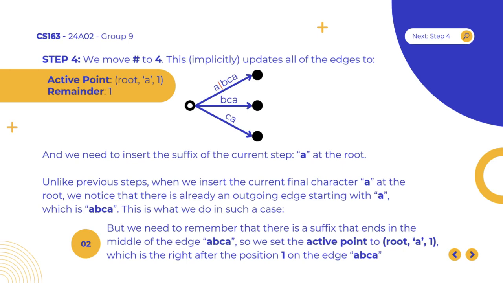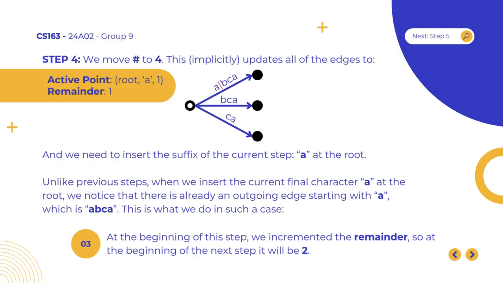But we need to remember that there is a suffix that ends in the middle of that edge. So we would set the active point to root, A, 1, basically after the A. And the remainder is 1 because we haven't added the A yet.